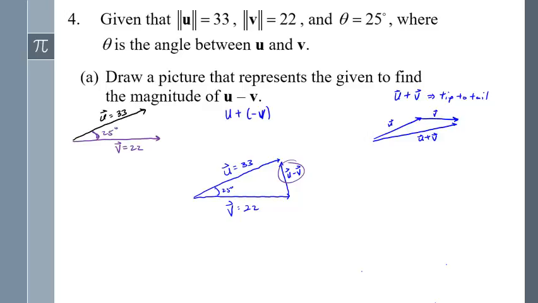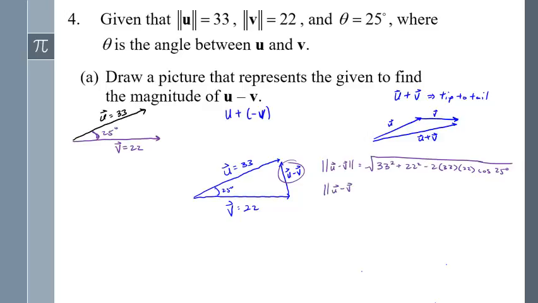So the magnitude of U minus V is equal to the square root, because remember it's the law of cosines, it's the side squared, so I'm just taking the square root of, if we call that a, it's b squared plus c squared minus 2 times b times c times the cosine of the included angle.